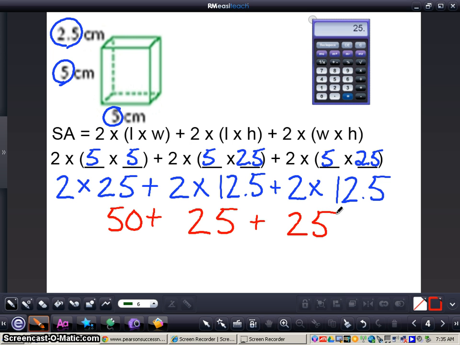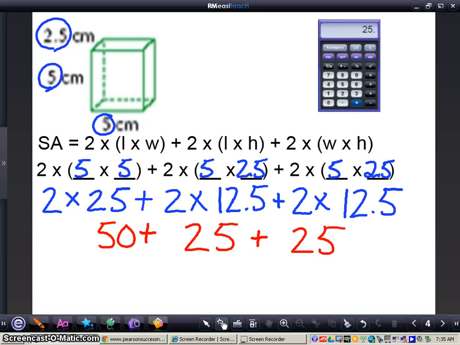Now we're going to add these three numbers together to give us our answer. We'll just punch these right into our calculator. So we have 50 plus 25 plus 25 equals 100. I'm going to clear this out and do it one more time.